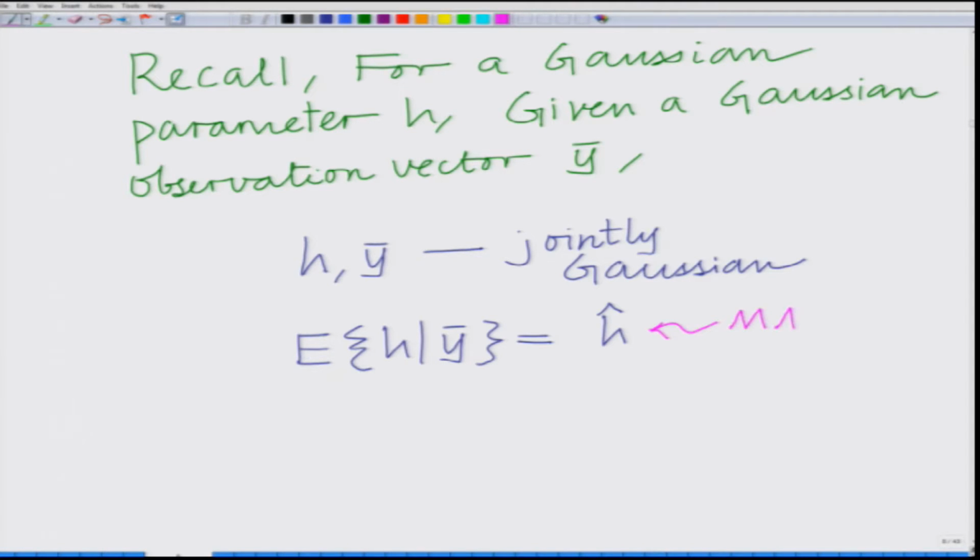In the very first few lectures, we derived the expression for the MMSE estimate, and we showed that it is nothing but the expected value of the parameter h given the observation vector y bar.